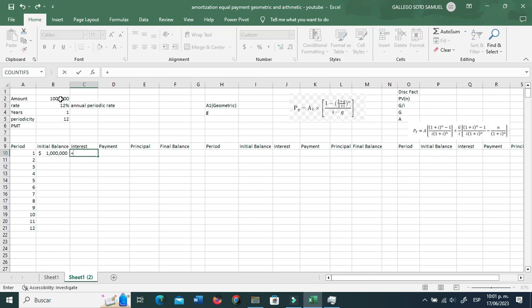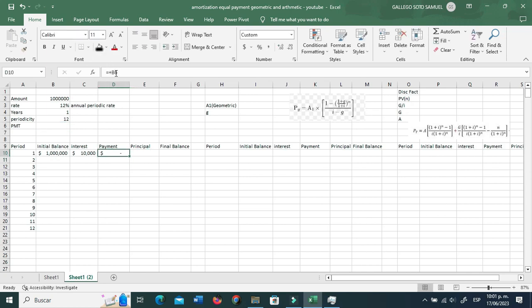So this times your rate, which we're going to look up, divided by the periodicity, so it means you're paying every month. And the payment is the thing over here that we're going to look up.